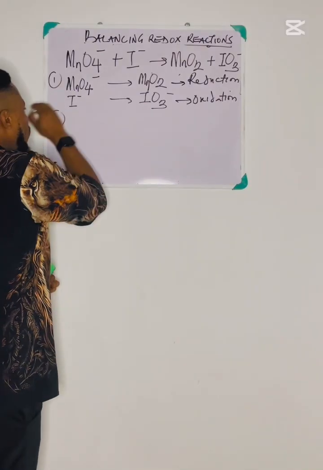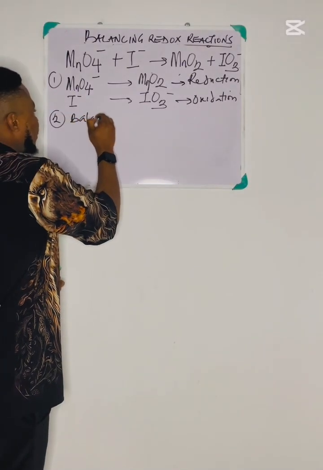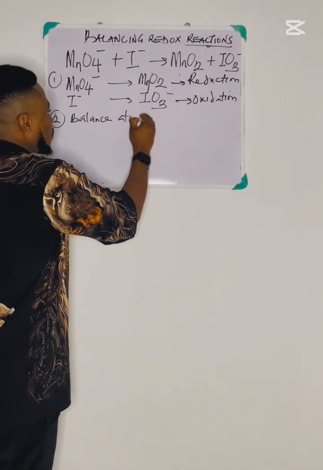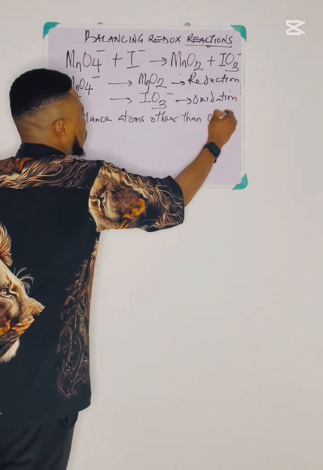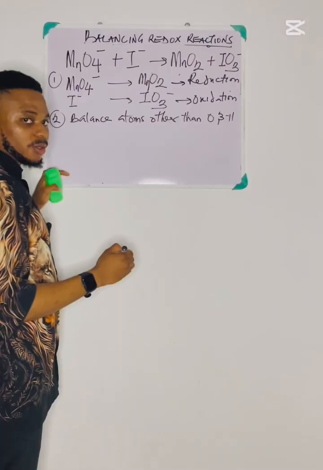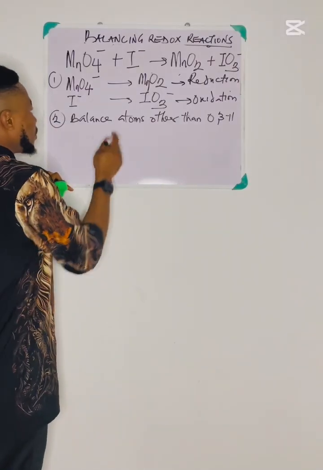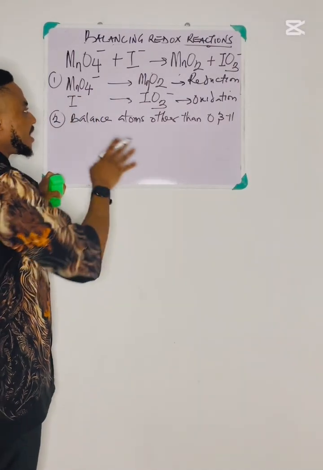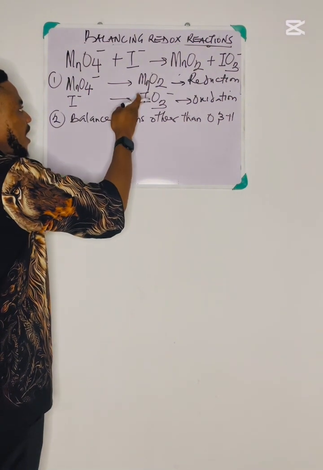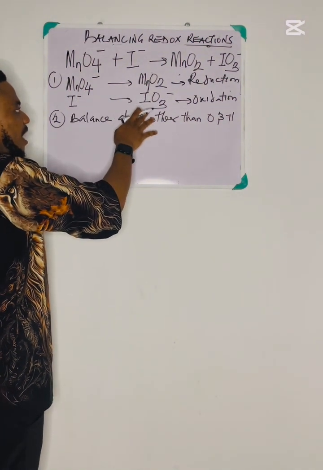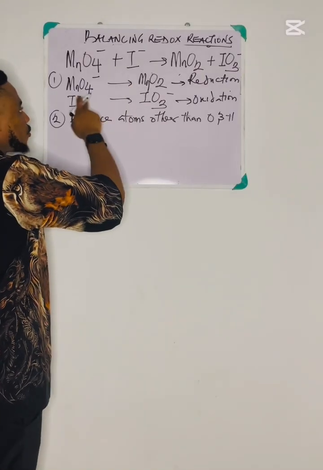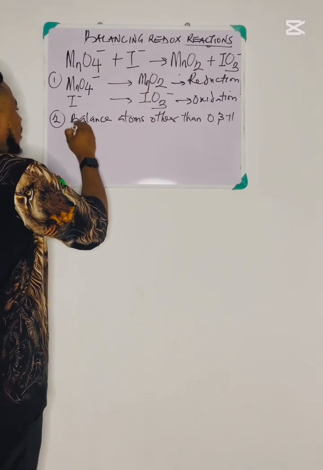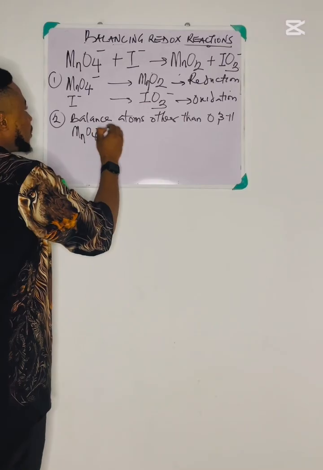Now step two, we have to balance atoms other than oxygen and hydrogen. If you look at it, the atoms that are neither oxygen nor hydrogen here are manganese and iodine. If you look at this first half cell equation, manganese is already balanced, so we'll just repeat it.